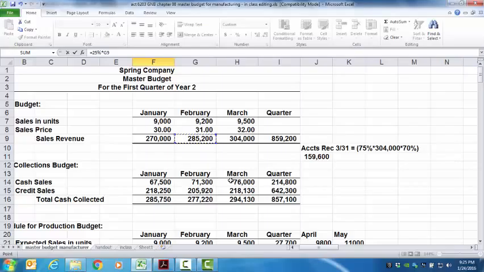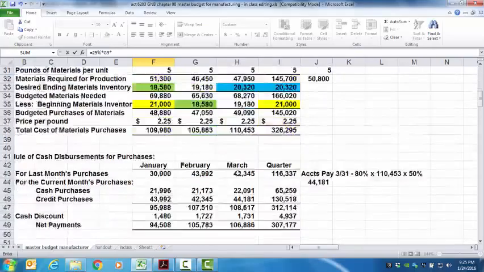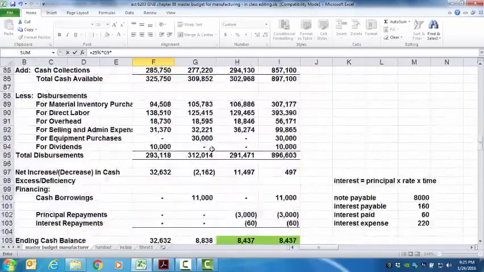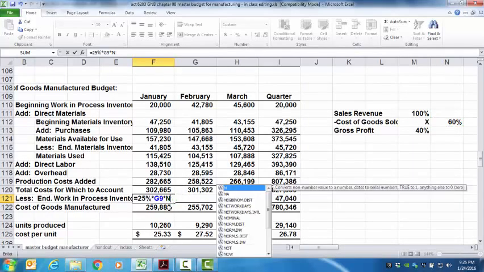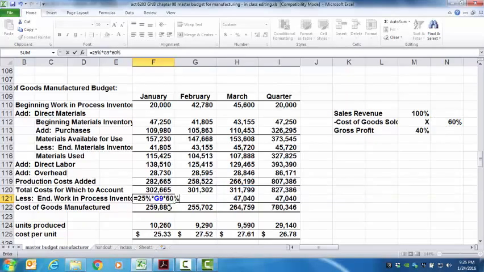And we are going to multiply that by the conversion percentage, which we just found was 60% over here. 25% of next month's sales times 60% to convert it to cost. And that will yield you the $42,780 on your page.